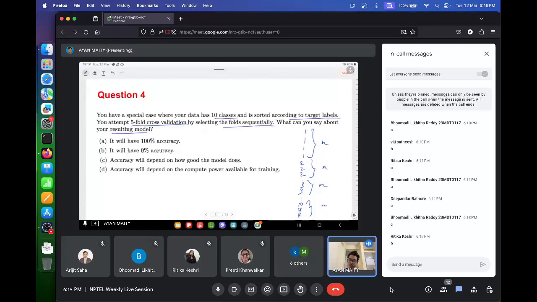Ritika's answer is option B, that it will have 0% accuracy, and Likita Reddy's is option C, that accuracy will depend on how good the model does. Okay.